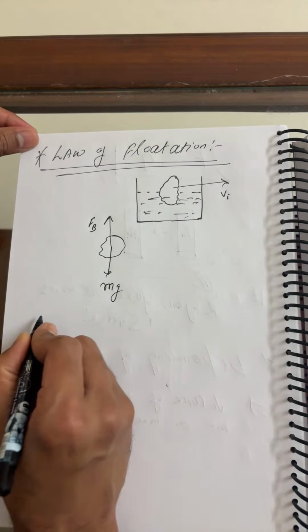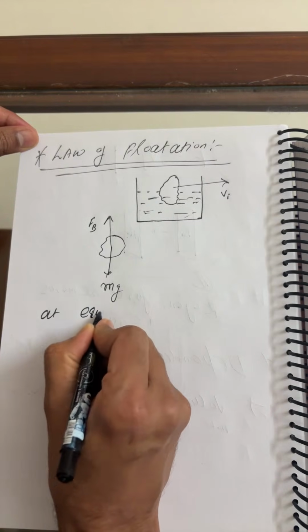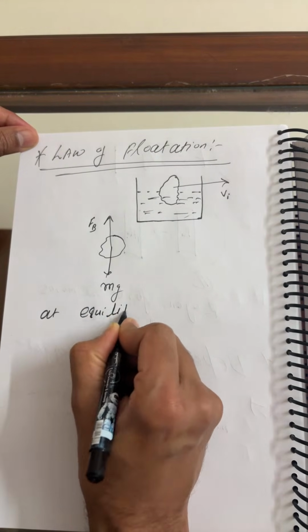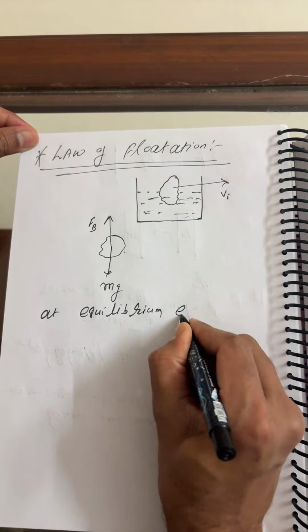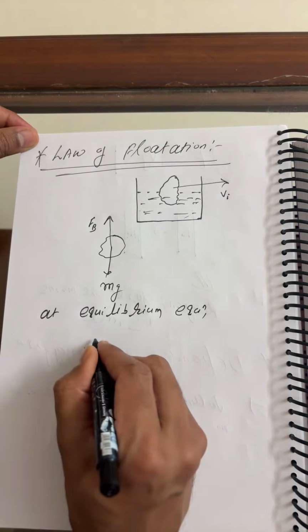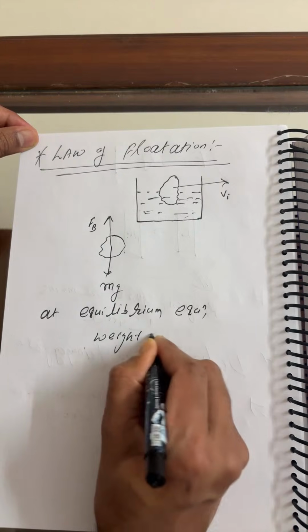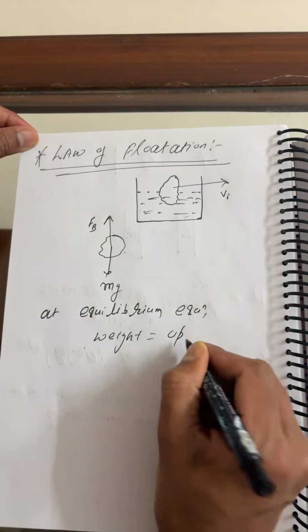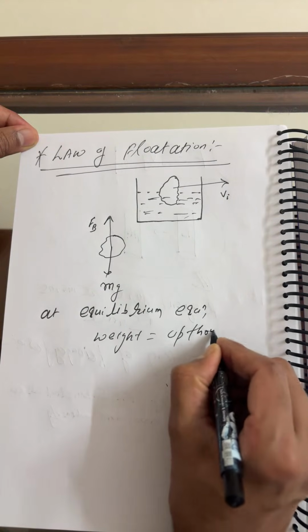So now at equilibrium condition, weight is equal to the upthrust force.